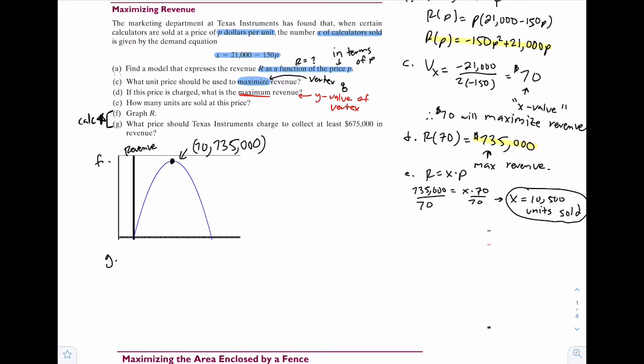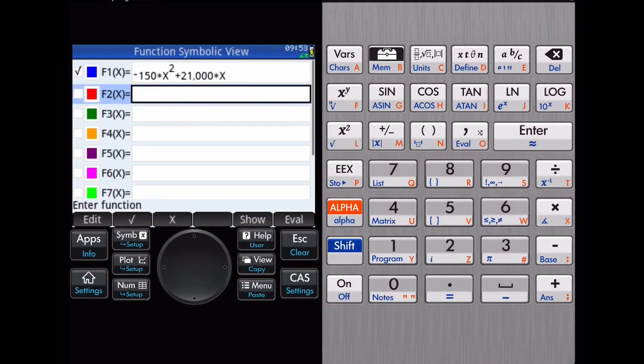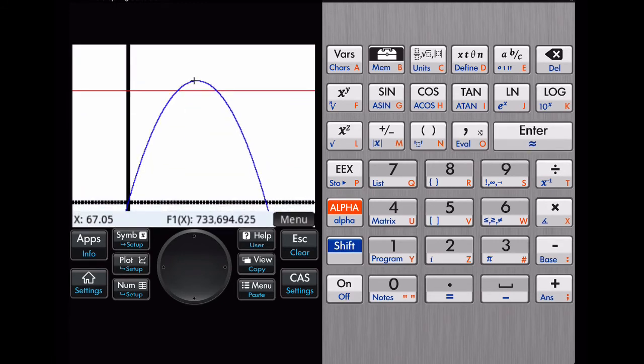So we're wondering when our revenue function will collect at least, so greater than or equal to 675,000. So what you're going to do, highlight this thing, plug this thing into your calculator. 675,000. And now we have this nice graph like that.